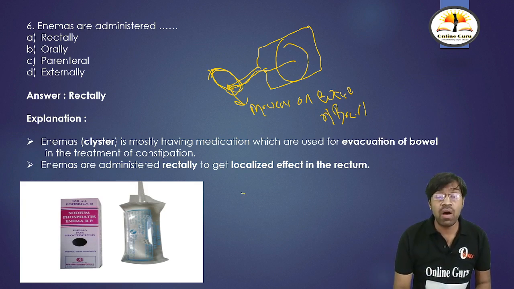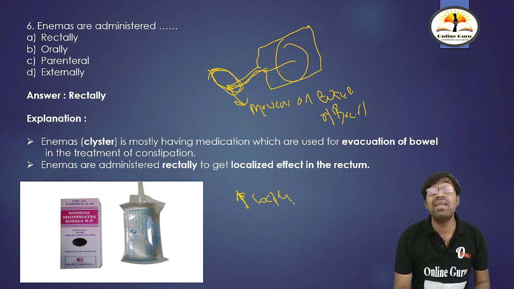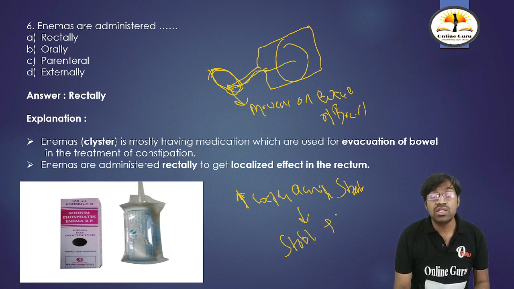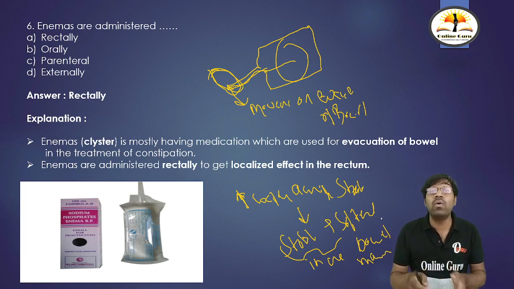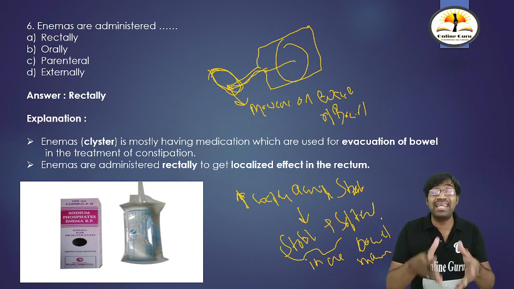The enemas will increase the water accumulation. This medication will contain some drugs which will increase the water accumulation inside the stools, meaning the stools are going to get softened due to water accumulation, and also it is going to increase the bowel movement, which will cause a peristaltic wave to eliminate the stool from the bowel and through the rectal cavity.